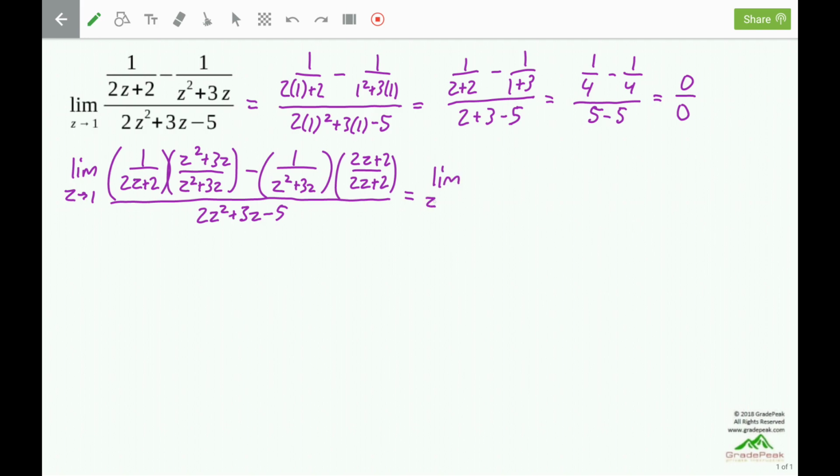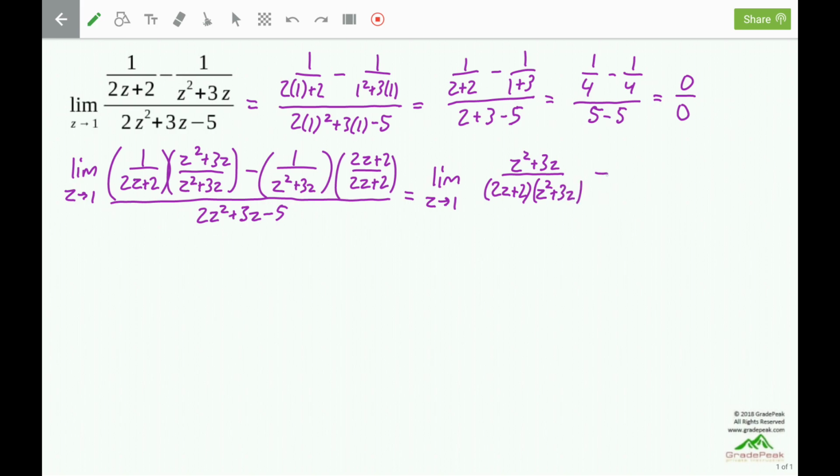So with the common denominator, you will want to multiply the numerators of each of those fractions. 1 times z squared plus 3z is just z squared plus 3z over the common denominator of 2z plus 2 times z squared plus 3z.